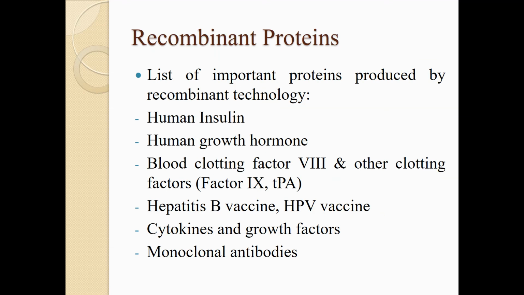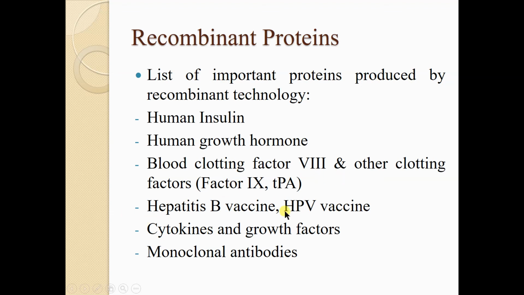Now here is a list of important proteins which are synthesized by recombinant DNA technology, like human insulin, growth hormone, and certain blood clotting factors which we use as a treatment for bleeding disorders.